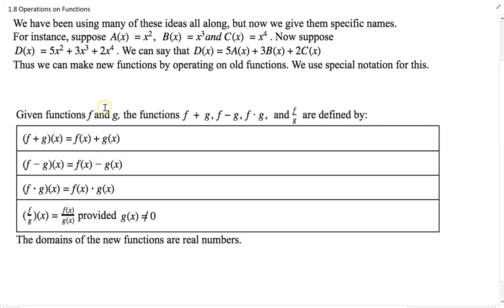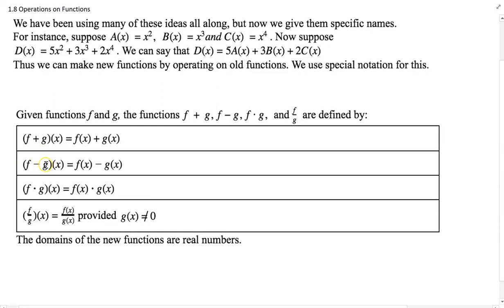So, given functions f and g, the new functions f plus g, f minus g, f times g, and f over g are defined by f plus g of x equals f of x plus g of x.